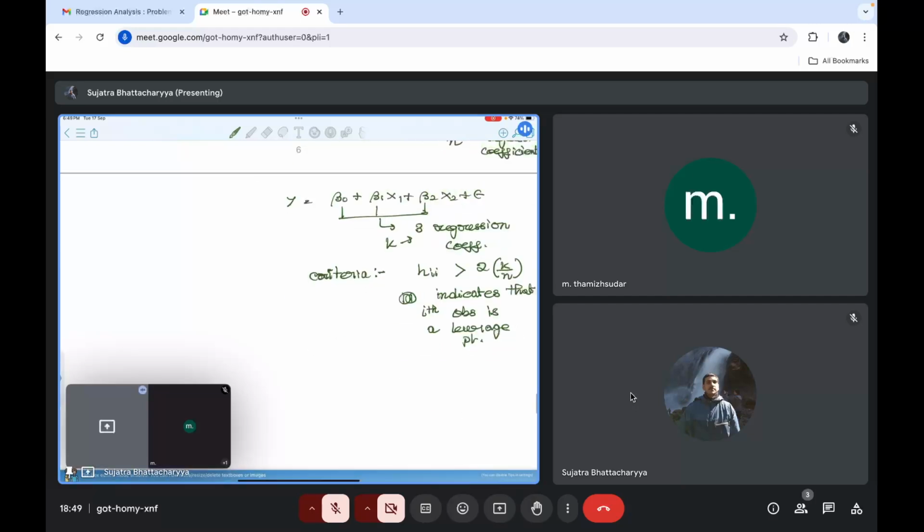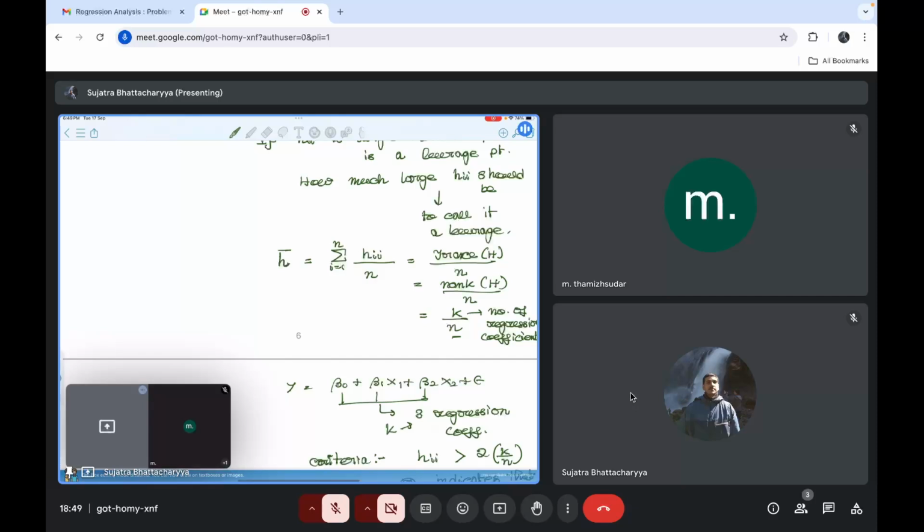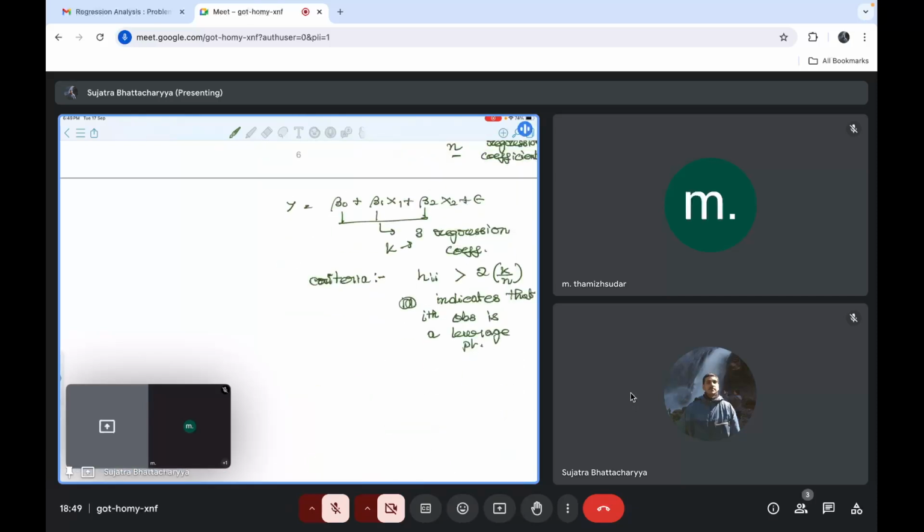This is the criteria for understanding the leverage point. Fine. So we have calculated the H part, which is equal to K by N, where N is the number of observations and K is the number of regression coefficients. And the criteria is that HII should be greater than 2K by N.